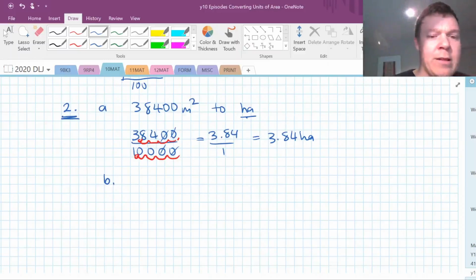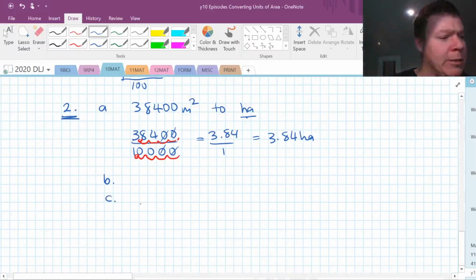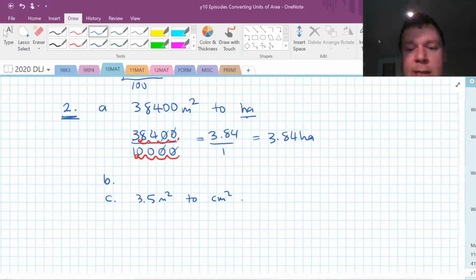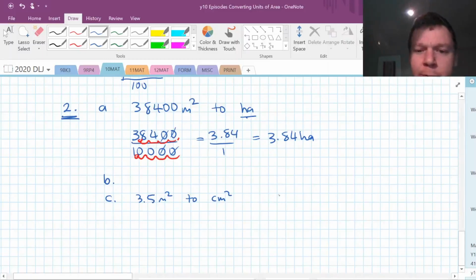We'll do C actually. So 3.5 meters squared to centimeters squared. I might have forgotten what my conversion to centimeters squared is. So if you forget, just draw a square.